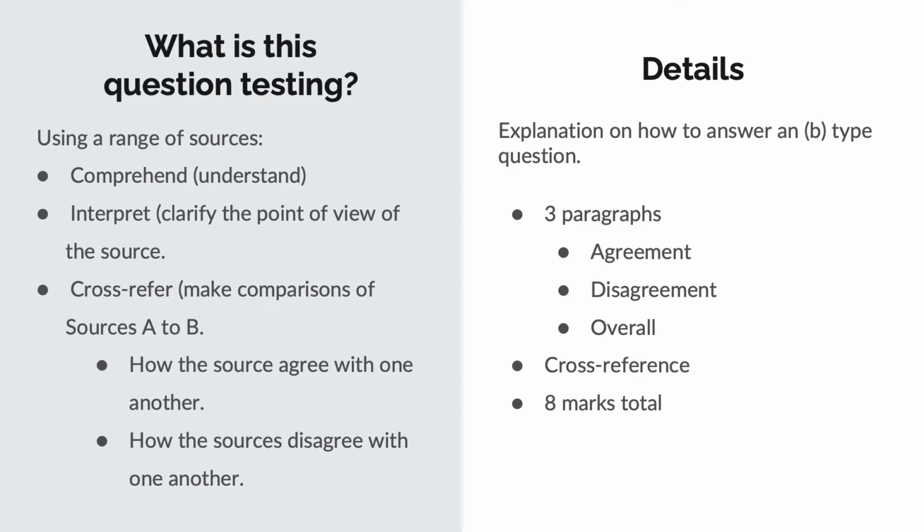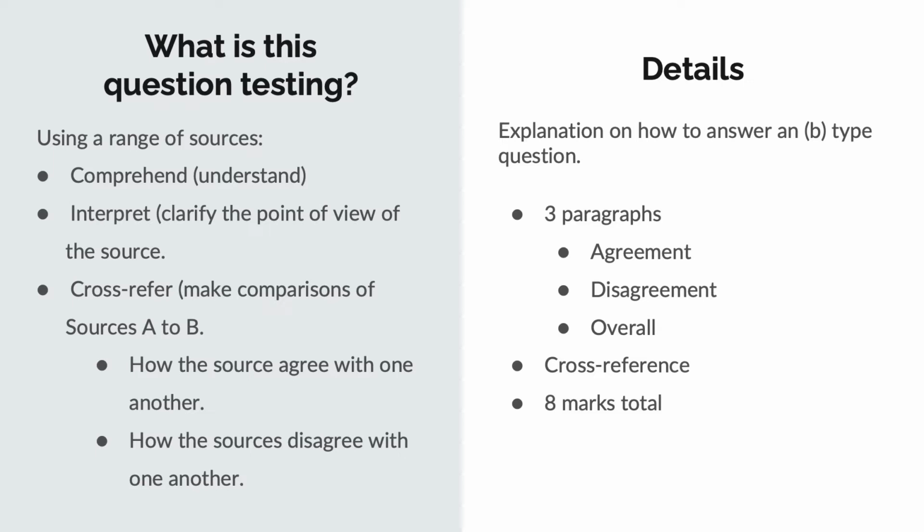You can't just say this is what source A says, and then later this is what source B says. You have to frame your response as source A says this and source B disagrees with that, or source A agrees with it.